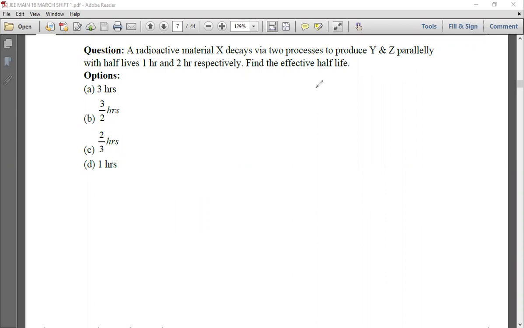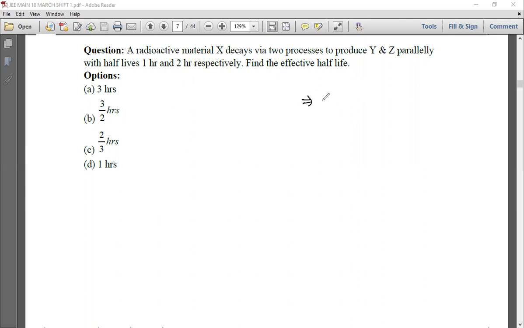ओके, तो देखो अगर हमने इफेक्टिव डिके देखा है, मतलब already we know what is that. लैम्डा is disintegration constant ना.